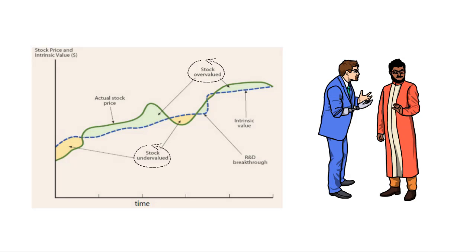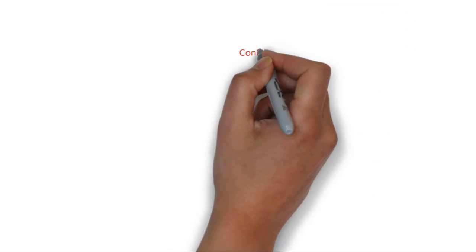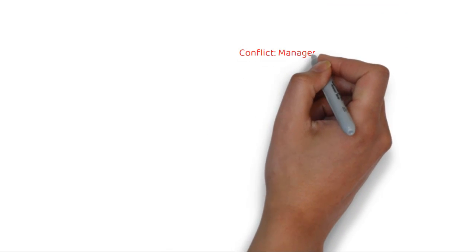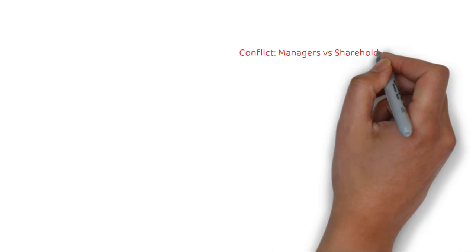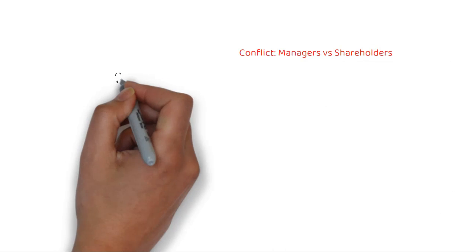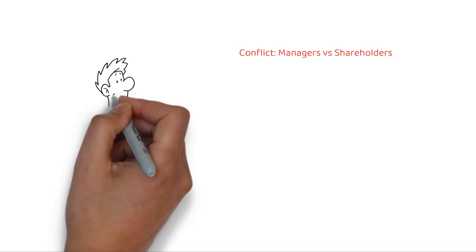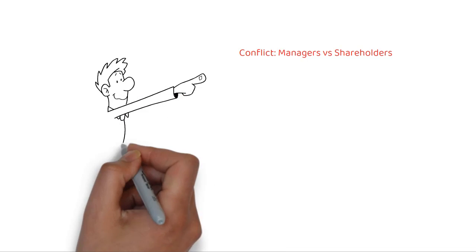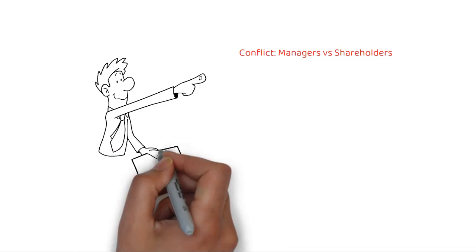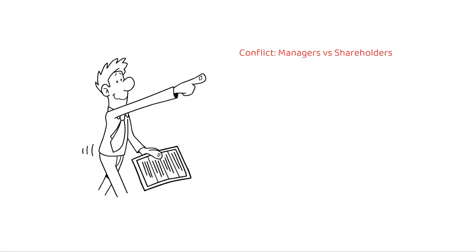Corporations, however, do not achieve this goal without conflict. One common conflict is between managers and shareholders. It has long been recognized that managers' personal goals may compete with shareholder wealth maximization. In particular, managers might be more interested in maximizing their own wealth than their stockholders' wealth.